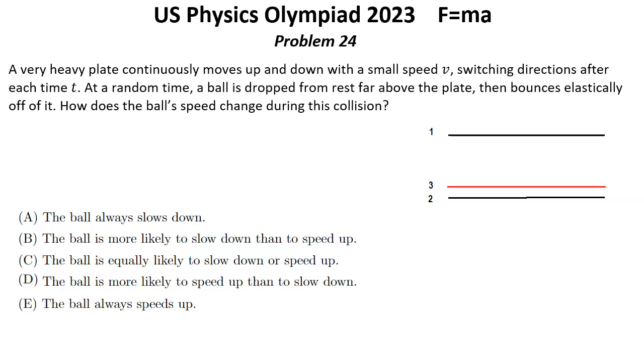So the probability to collide with this plate when it's going up is greater than the probability when the plate is going from position 1 to position 3 down. Means that the correct answer is D. The ball is more likely to speed up than to slow down.